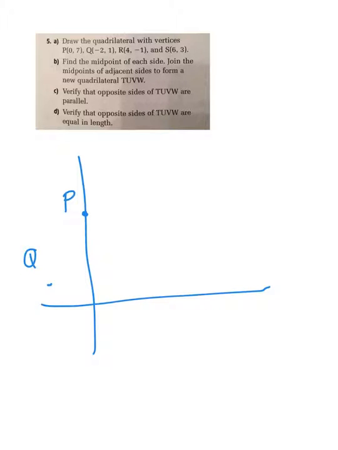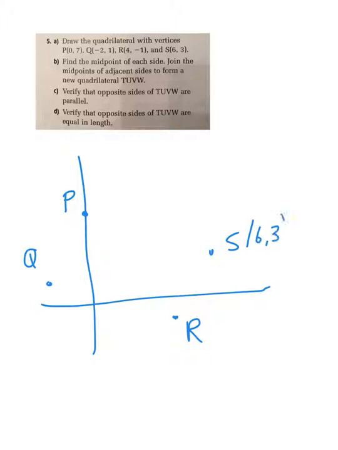Question 3, going to draw a quadrilateral with vertices PQRS. Just draw that out quickly. So we've got P is 0, 7, Q is negative 2, 1. There's Q. R is 4, negative 1 down there. And you've got that S is 6, 3, so something like that.